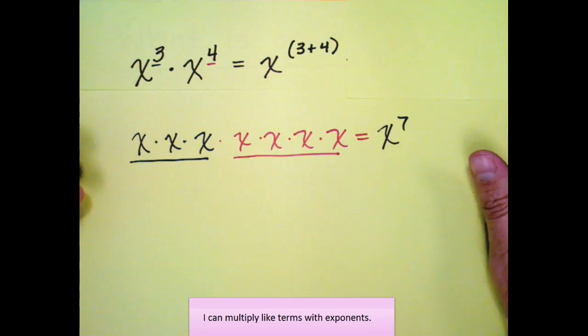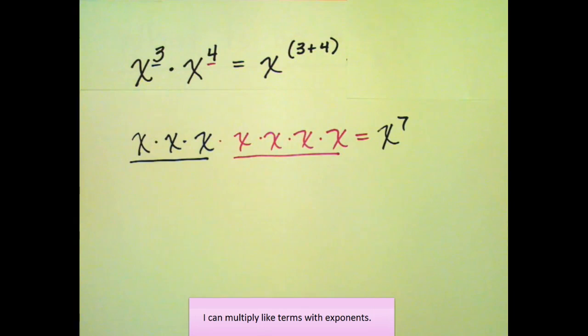So we can look at that like this, and we can apply a rule that says x to the 3rd times x to the 4th is equal to x to the 3 plus 4, which is equal to x to the 7th.